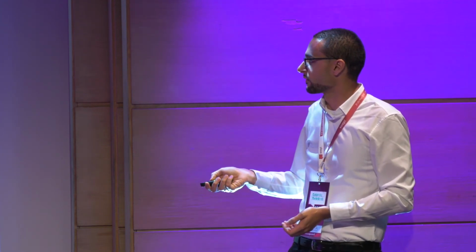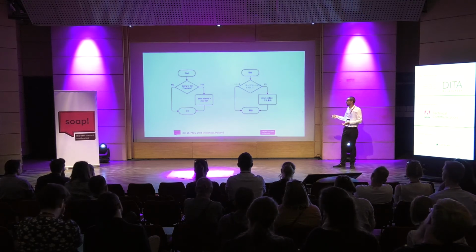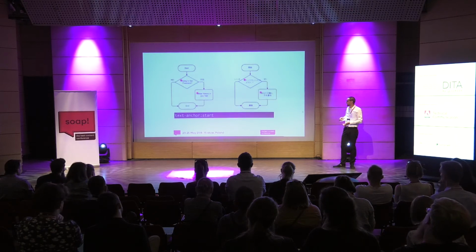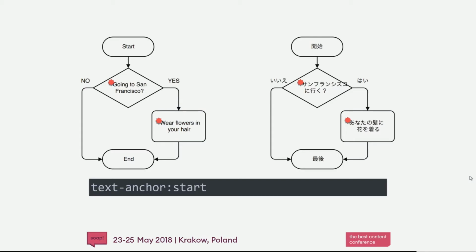So we did some investigation, and it boils down to the way in which SVG renders and lays out text by default. There's a property called text-anchor, and by default, SVG sets this to start, which means that the layout of text starts from that top left corner.